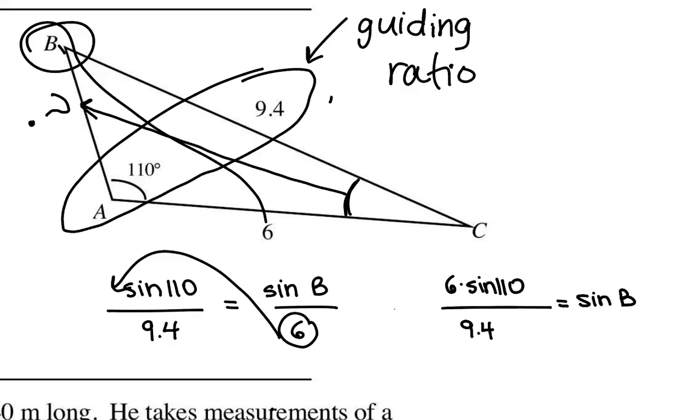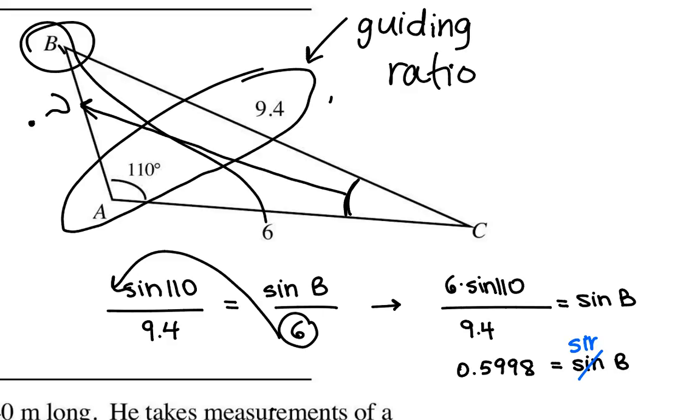Are you guys okay with that so far? So 6 times sine 110 divided by 9.4. I get 0.5998. If you did the shortcut, you should have got that as well. How do I get B though? Not sine B. What's the opposite of the sine thing?